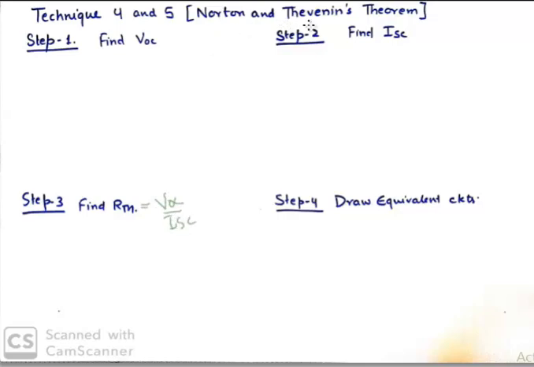So in any case that we take up, whether it's a Norton or a Thevenin case, we need to find out VOC and ISC. And once we find VOC and ISC, to find RTH, we can draw equivalent circuits for both the Norton and the Thevenin's circuits. So if you need more clarity on this, you can watch that video.